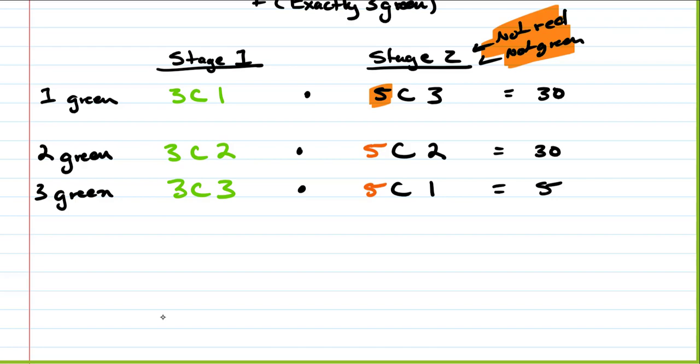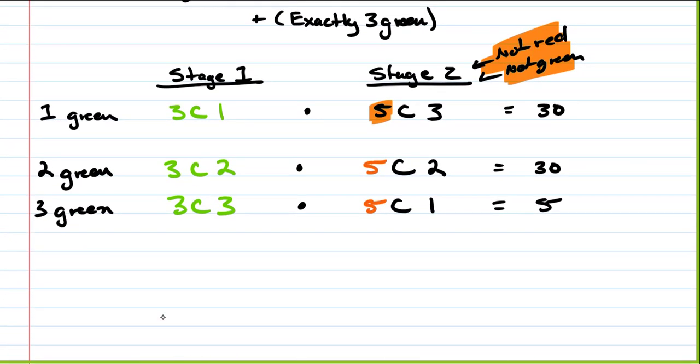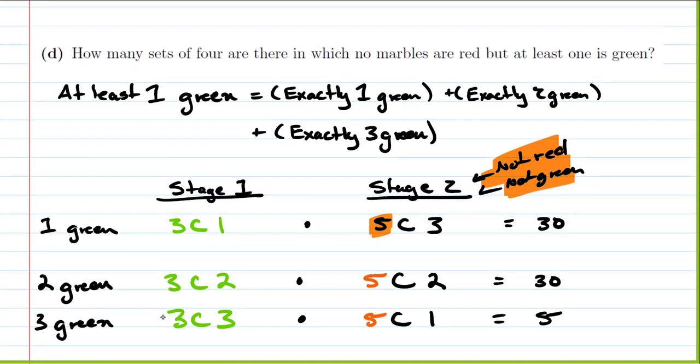So then the total number of sets is going to be 30 plus 30 plus 5 gives us, there are 65 sets which contain no red marbles, but at least one green marble.